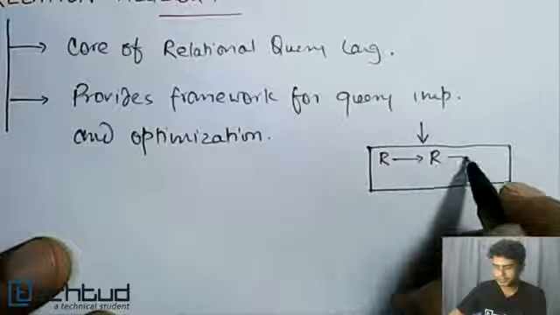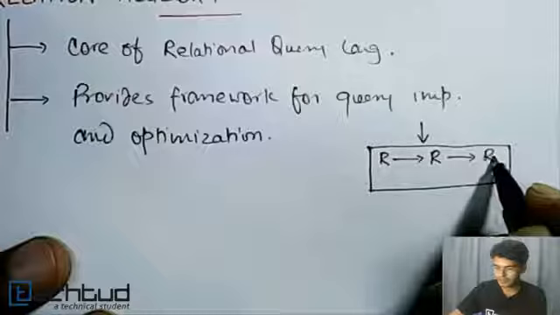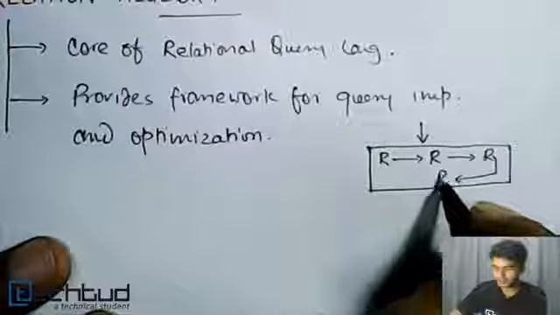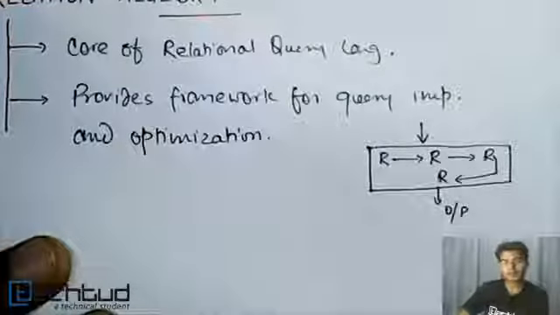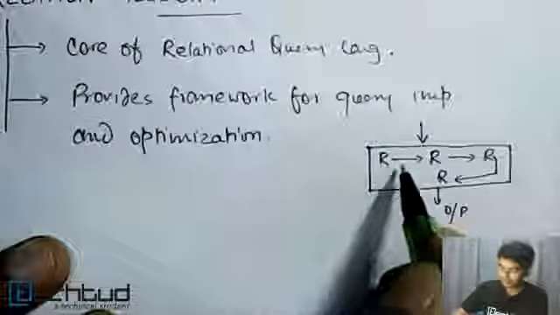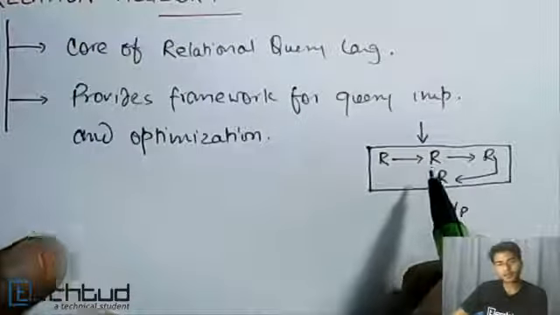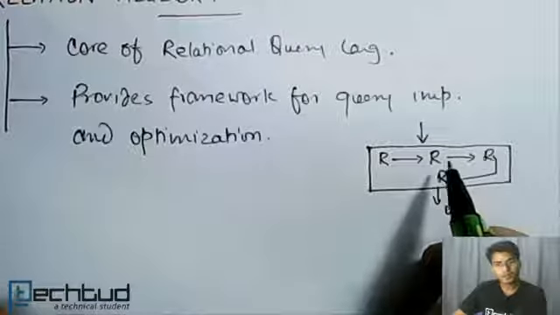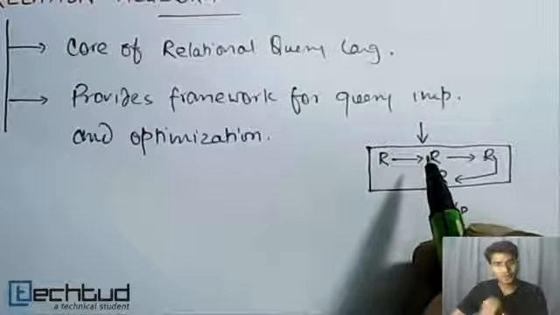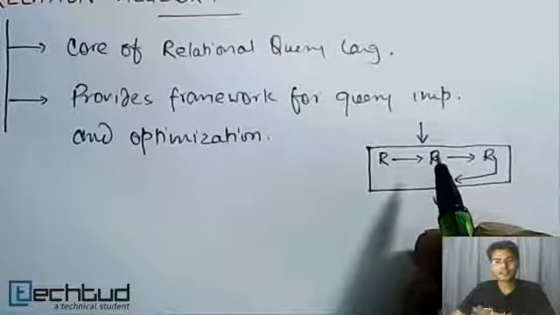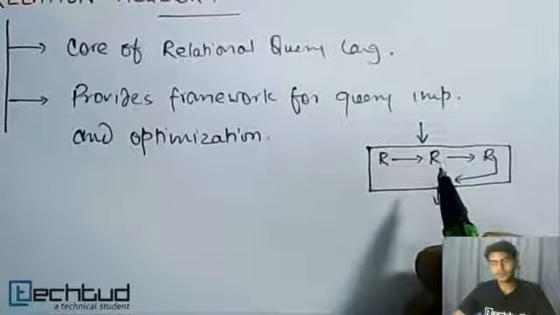The intermediate forms will also be relations, and finally from the last relation it gives you the output. So it is a framework where the relational algebra is internally supporting the SQL query. When you make a query, you can think that internally relational algebra is being executed over a relation.